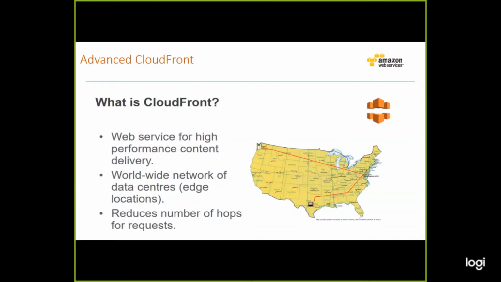Now, the line we can see here in the diagram represents the request from the server over the wide internet. It can sometimes take quite significant time and quite a long route. So having a closer edge will reduce the number of these hops. Obviously, the latency in responding to this request is going to be faster.